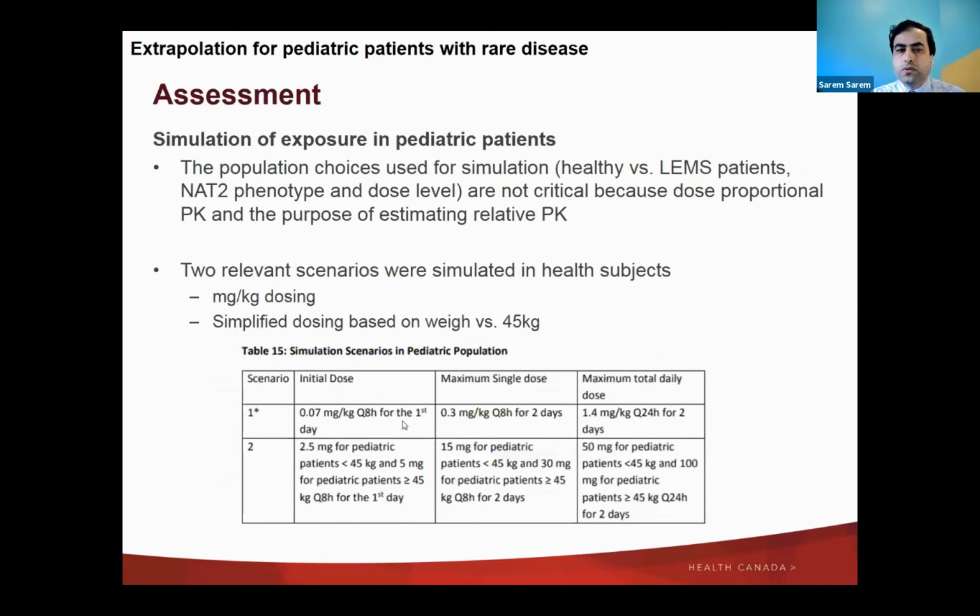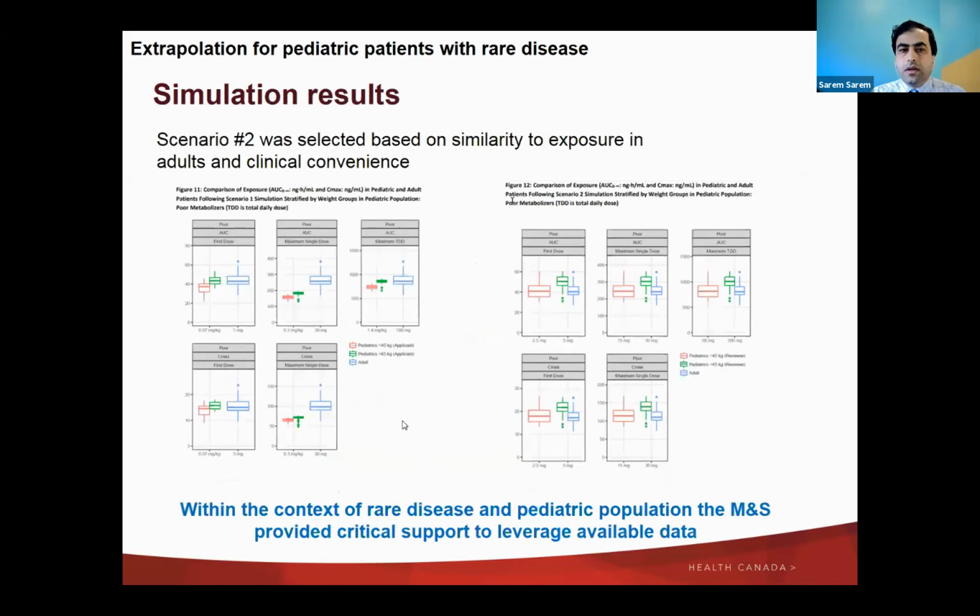So the model was used to perform simulation, and the covariate effect was not critical. So the model development in one study was okay, because we are simulating a relative exposure, and 2 dosing regimens were simulated. And finally, using the simulation and the limited use in pediatric and based on clinical consideration, one of the 2 simulated dosing regimens was selected.